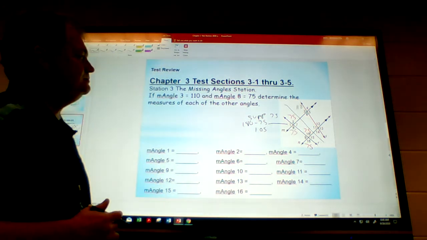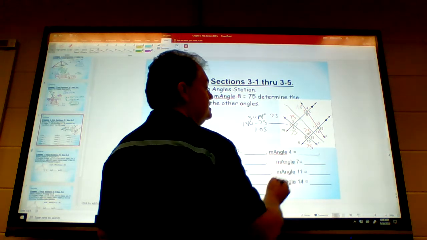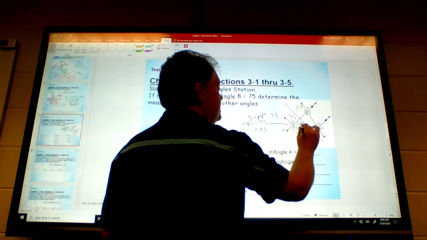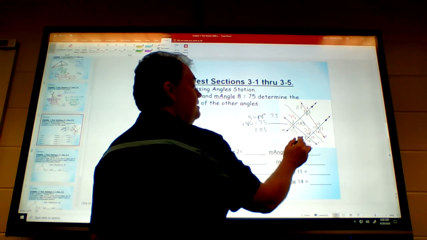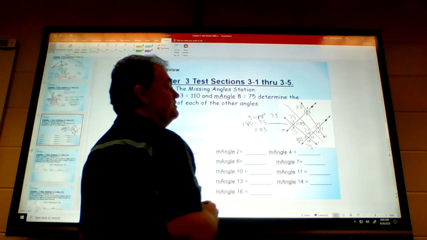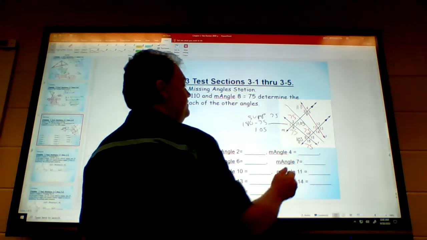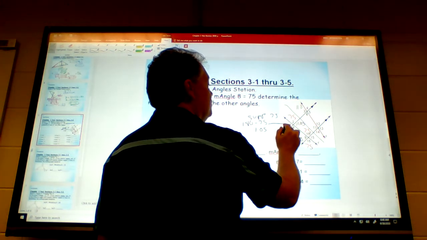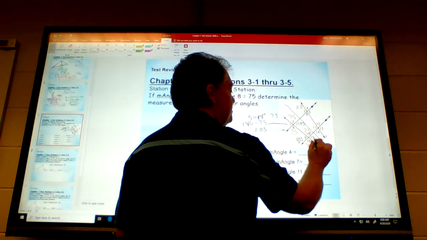Now, 1 and 7 are vertical. Since they're vertical, that means they're going to be the same. 105 and 9, they're corresponding. Therefore, they're the same. And then 15 and 1 are alternate exterior angles. So they're the same.